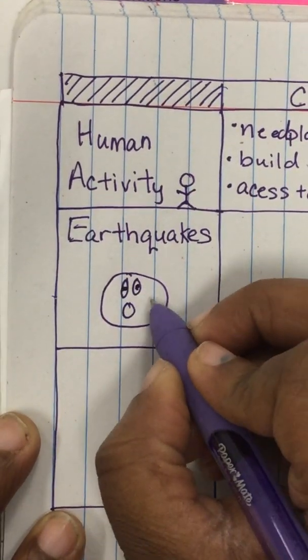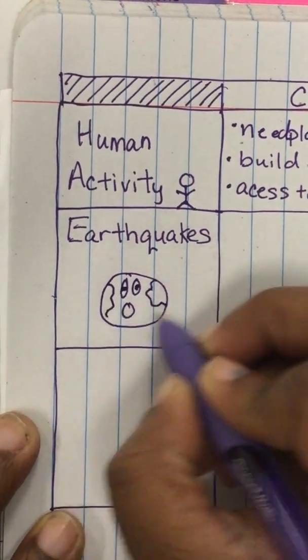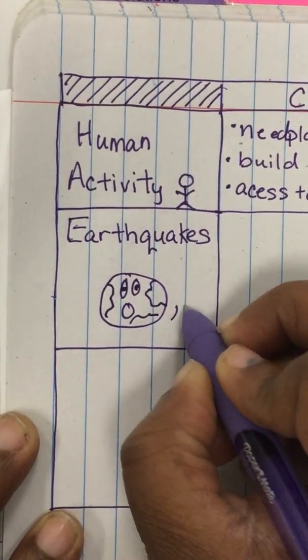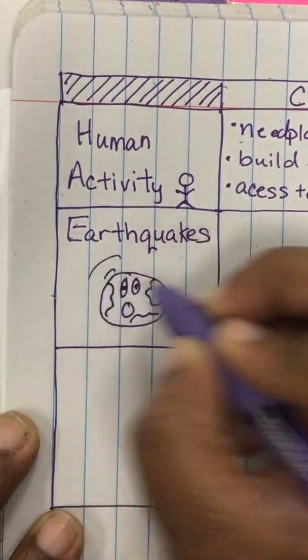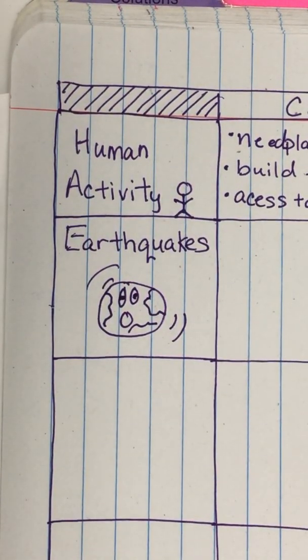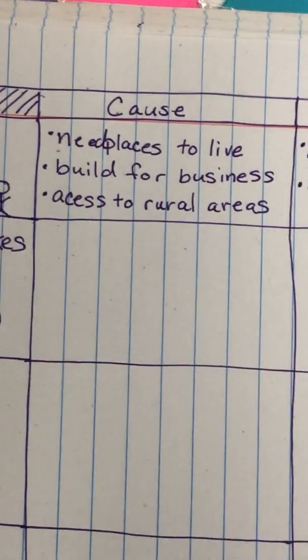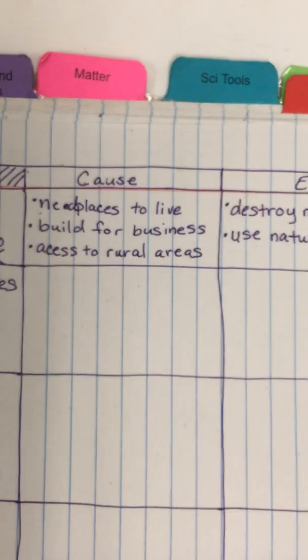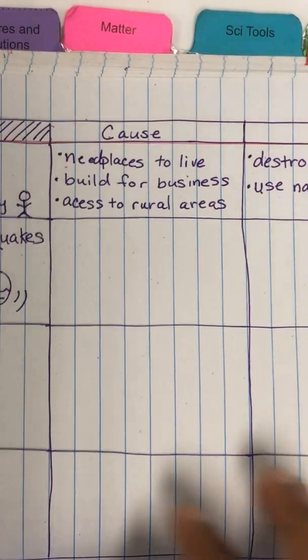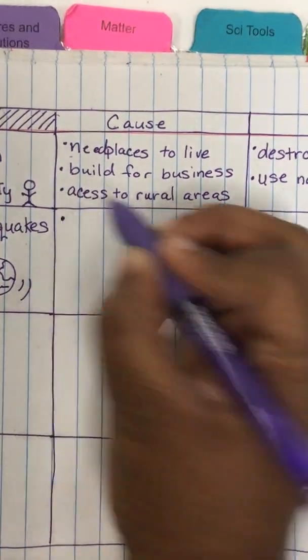There we go. Got to give it some continents. And he's going to be shaking. You'll talk more about this in 6th grade. But the Earth has tectonic plates underneath it that sit on the mantle and sort of float around.